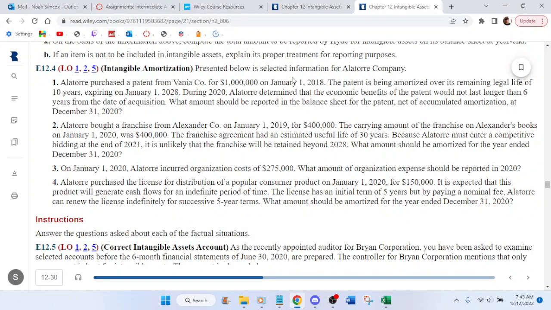Then for the 2020 amortization, you take the carrying amount and divide it, because now they've determined that it will last only another 4 years instead of another 6 years. So divide the carrying amount by 4, and then you report that.